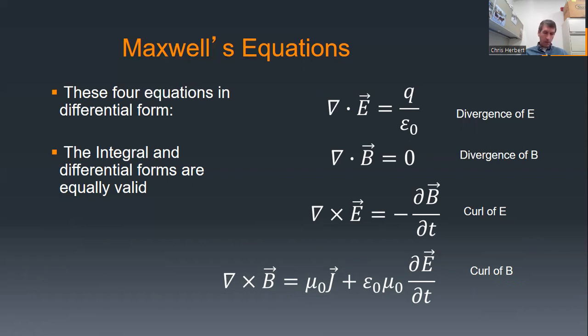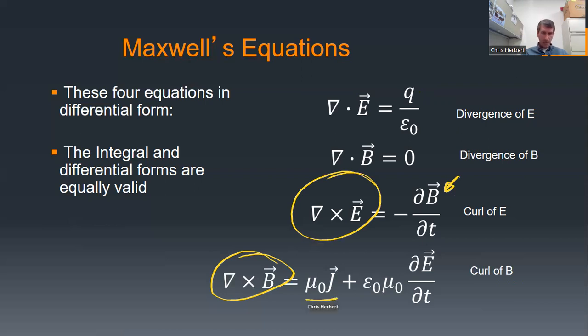Curl says how to get it to loop back on itself. For instance, if I want an electric field to wrap around itself, I can have a changing magnetic field. If I want to produce a magnetic field that wraps around, I can either have a current that's going to generate that.